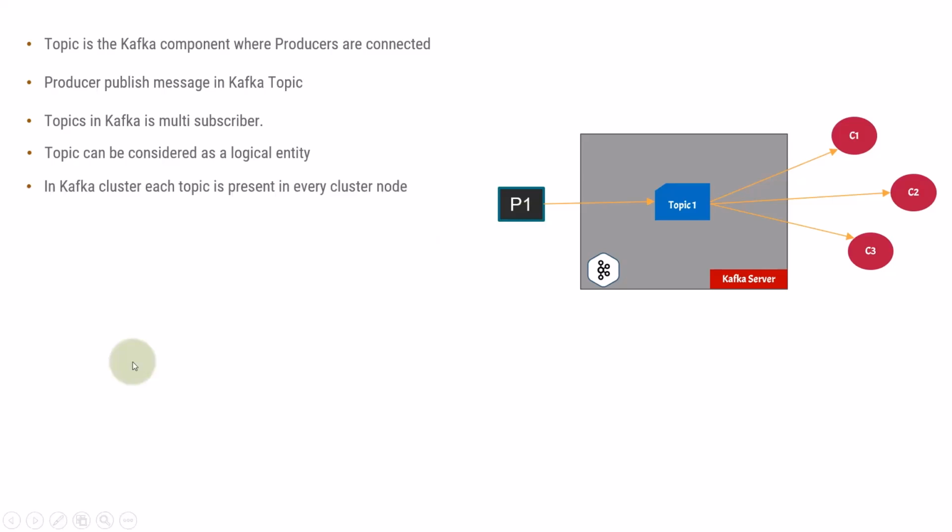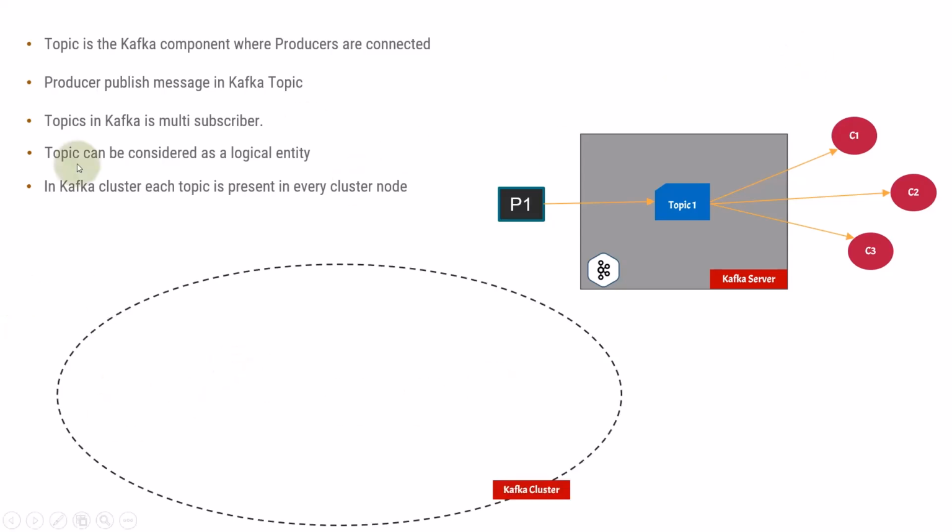In a Kafka cluster, each topic is present in every cluster node. As we have learned earlier, a Kafka cluster consists of more than one node or more than one broker. As the topic is a logical entity, in a Kafka cluster it is present inside every cluster node. So let's say this is a Kafka cluster and you have node 1 and there is a Kafka broker.